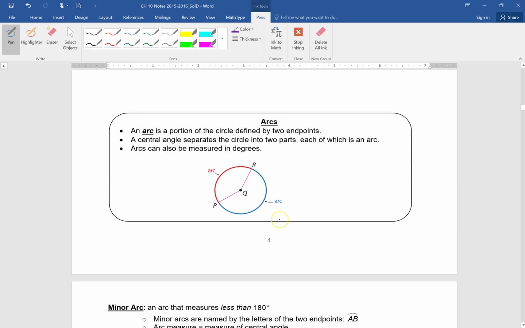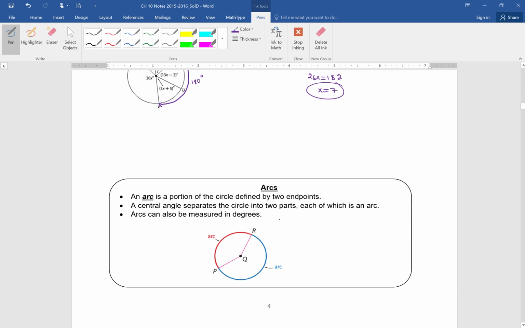Suppose there was a circular track field and you wanted to walk around it. Now, if you walk the whole field, you've walked the circumference of the field. If you walk a portion of it, that's a portion of that circle. Well, it has its own name. It's called an arc.